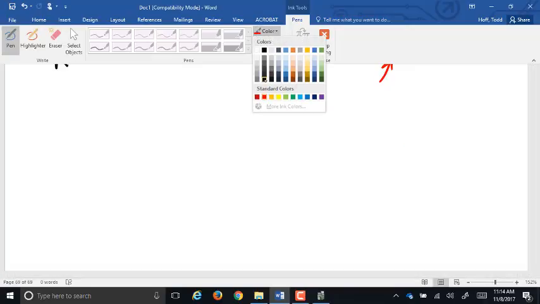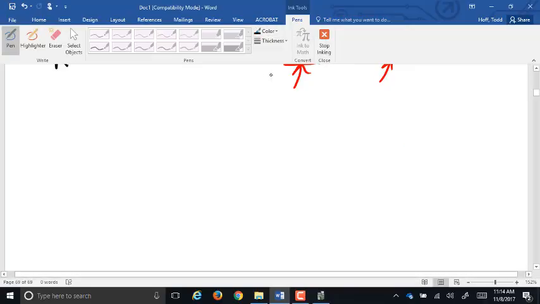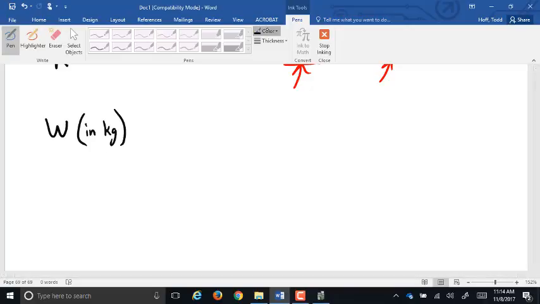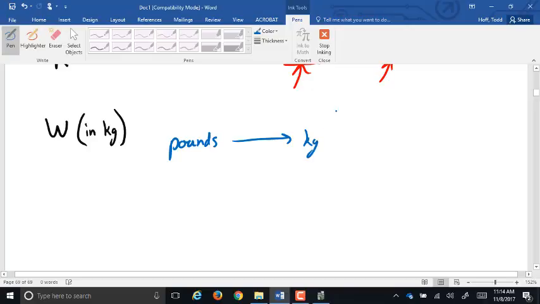There are some issues here, though, because weight for these formulas has to be given in what unit? They want it in kilograms. We're giving you the weight in pounds. Can anybody recall how to get from pounds to kilograms?